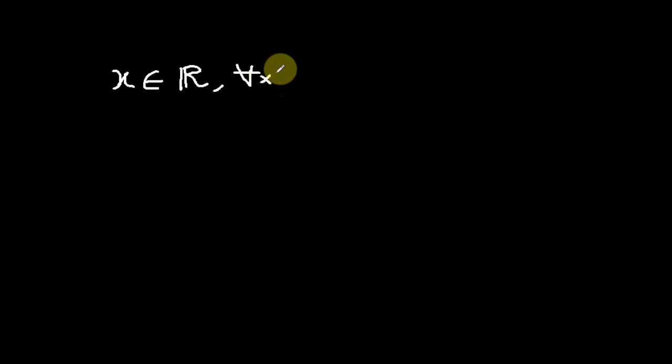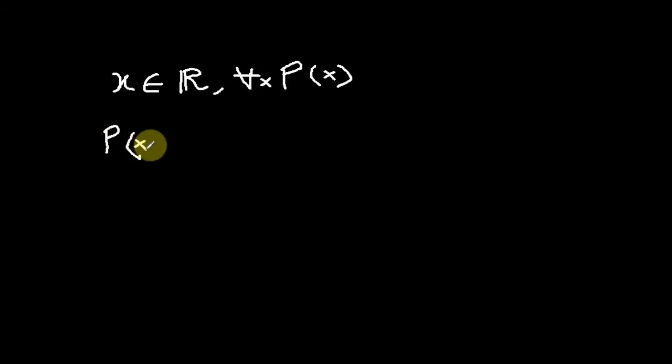If x is some number, I am making a claim that for all x, P of x is true. For all x, the predicate is true. But what is this predicate, this P of x?